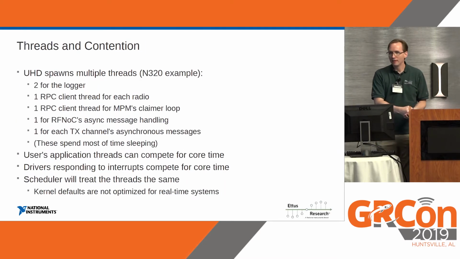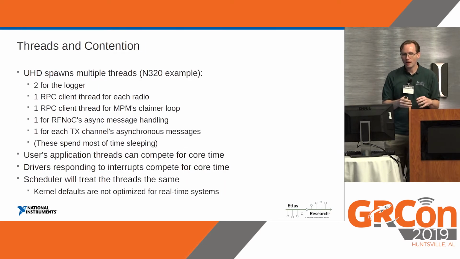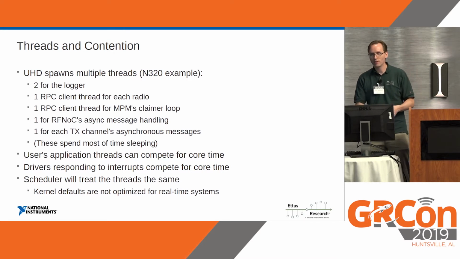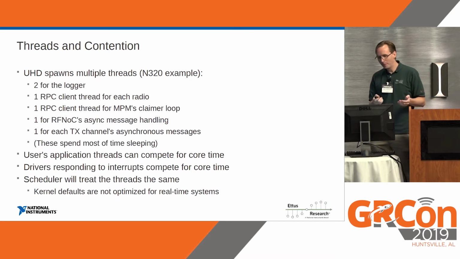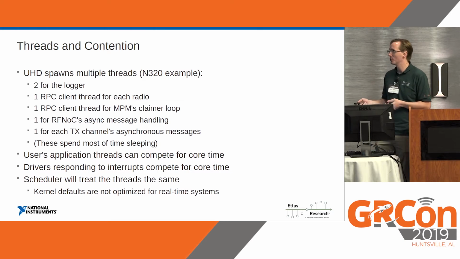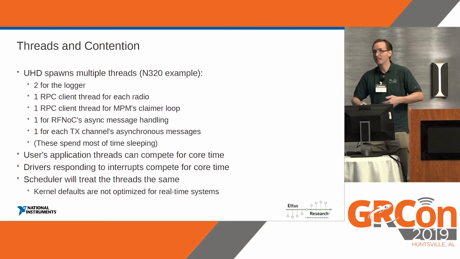On top of that, there can be issues where you have an application that creates a bunch of threads, but there aren't enough cores to handle it, like, say, GNU Radio. UHD also creates a bunch of threads, too. And you can see there a list of some of them that it has. Most of these spend their time sleeping, but they do have to wake up periodically and do their thing.